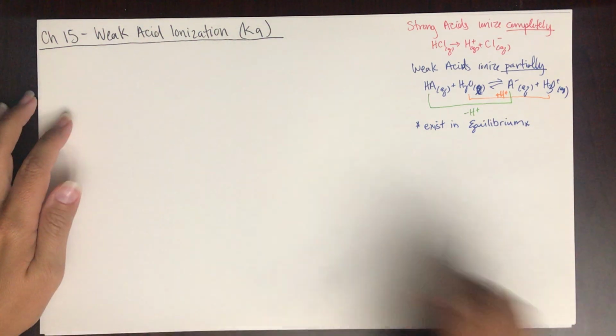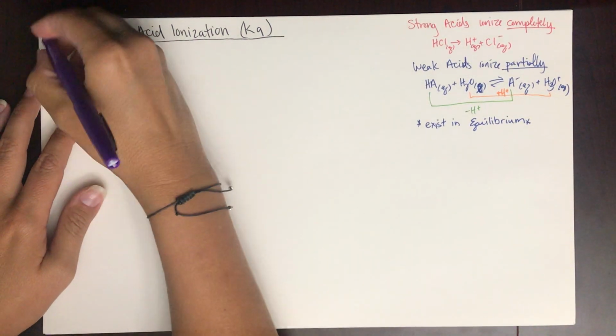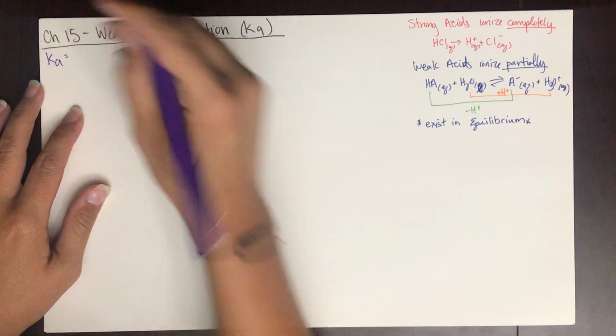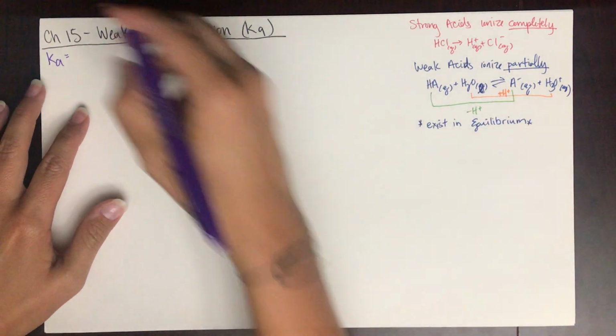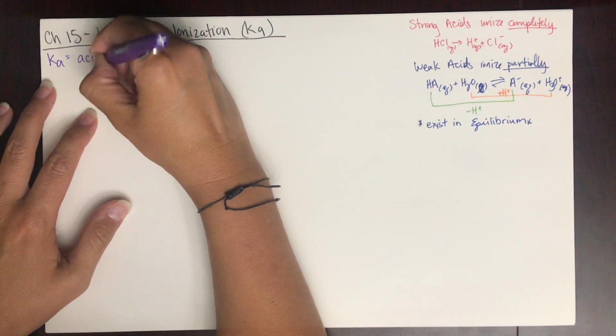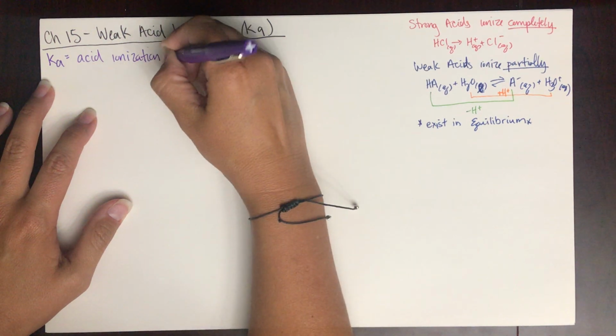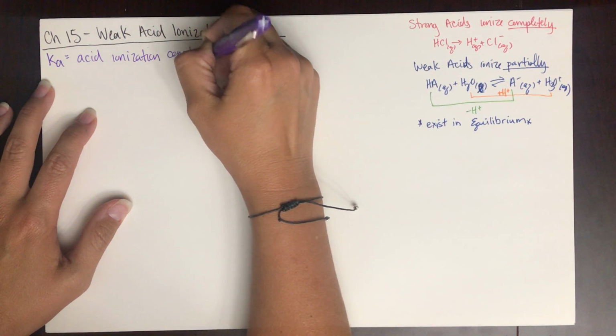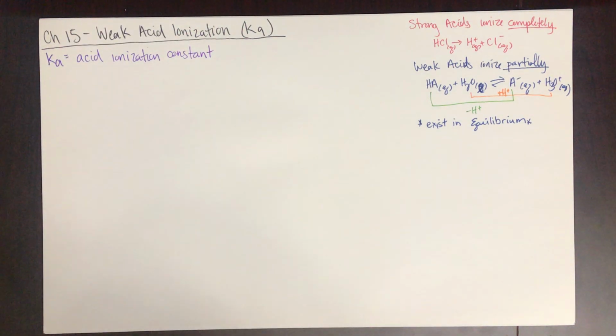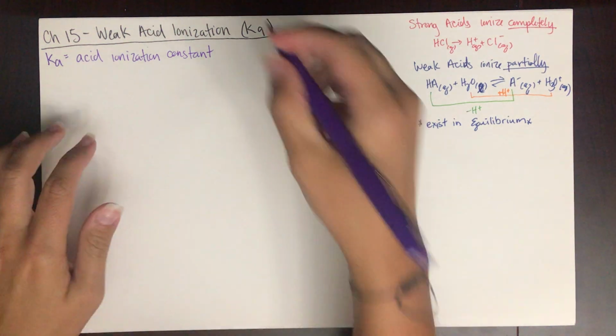And the Ka is the acid ionization constant. And this tells us the degree to which an acid is going to break apart.